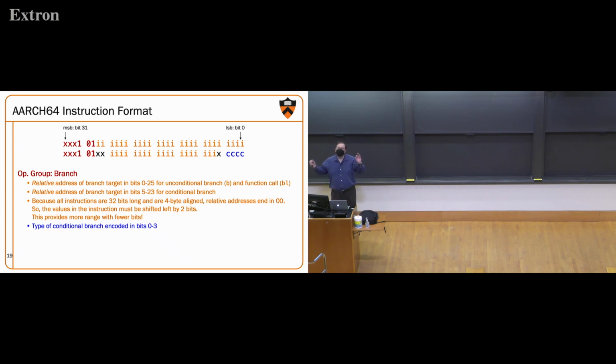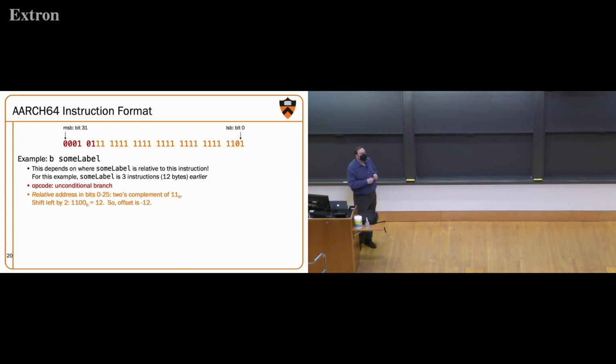Therefore, the binary version of the offset ends in a couple of 0 bits. Therefore, we're not going to bother to store those 0 bits. So that's an interesting feature of these branch instructions that you have to take into account, both when you're interpreting what they do and when you're constructing one of these branch instructions.